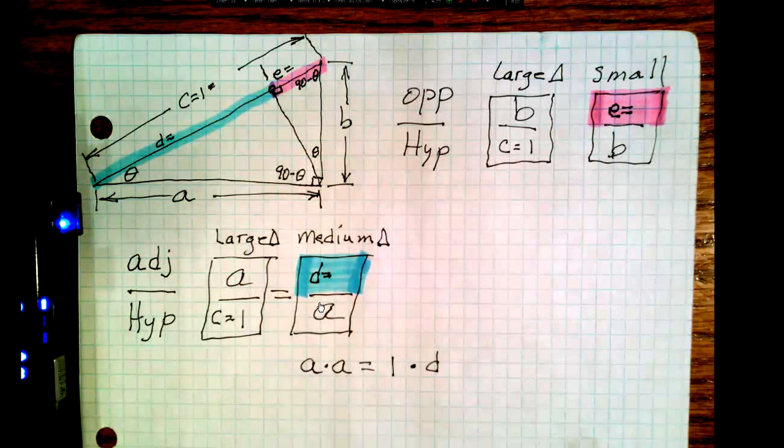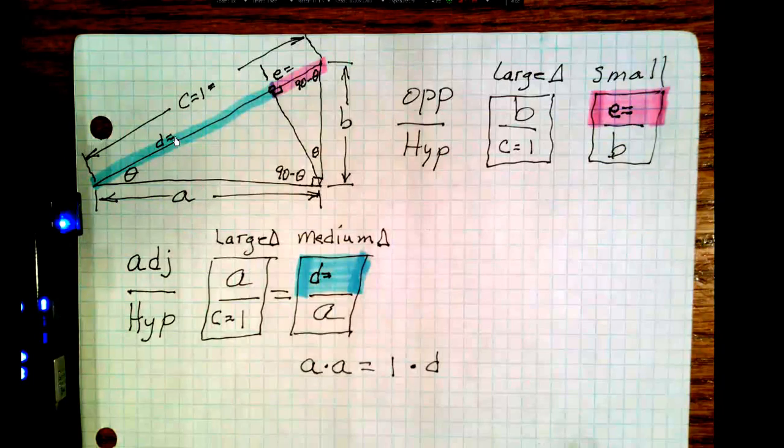Now when you cross multiply, you're going to have a squared term. I wrote that down here. And your other cross term is going to have one, which is the identity element. In other words, the identity element is a number that when you multiply it times anything, you get that thing back. So 1 times D is D. So D is equal to A squared.